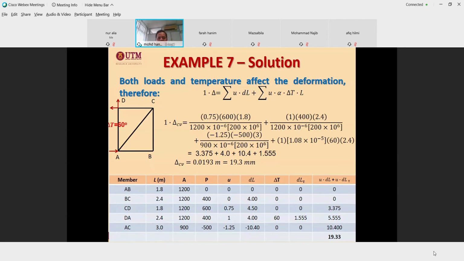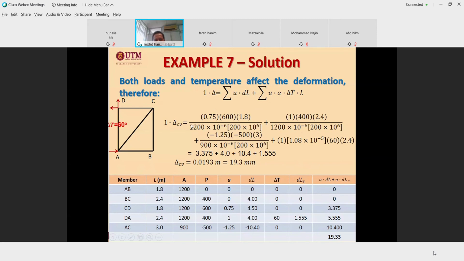Now in your slide, I noticed that you use this formula. This formula is correct. But generally, we can use this table, similar to the previous example, because by using this table, you can minimize the tendency to make errors compared to this one.